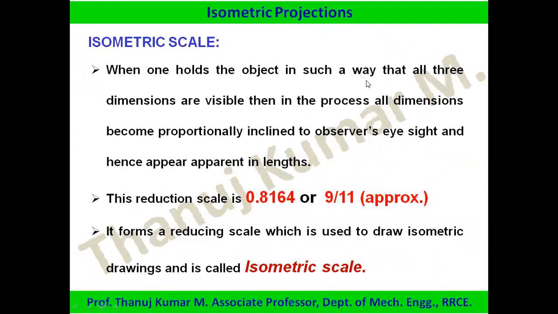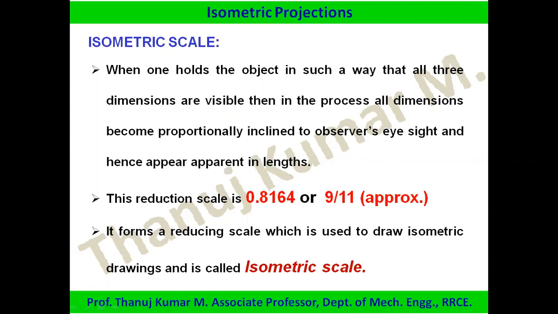So we have to understand the importance of the isometric scale. Here, we consider the isometric scale because there's a small deviation between the actual scale and the isometric scale. We'll talk about isometric projections and isometric views in the next slide.